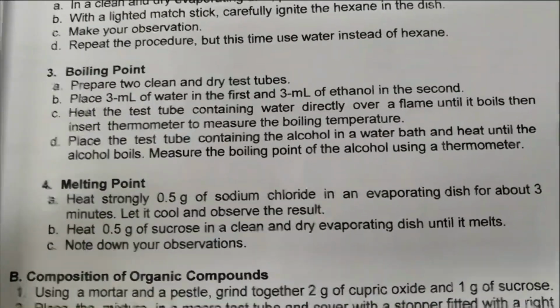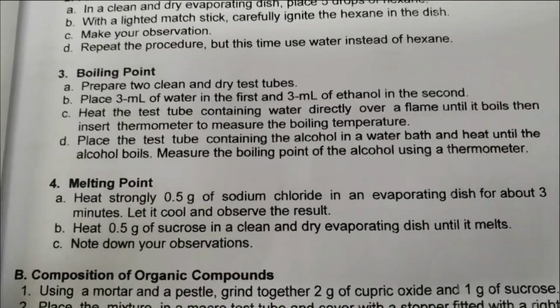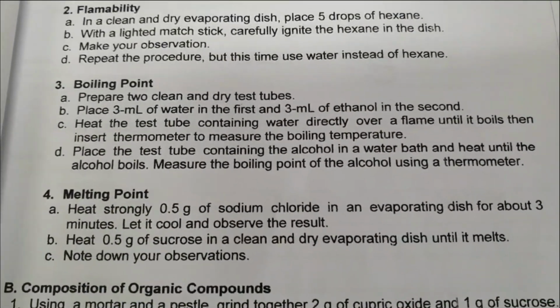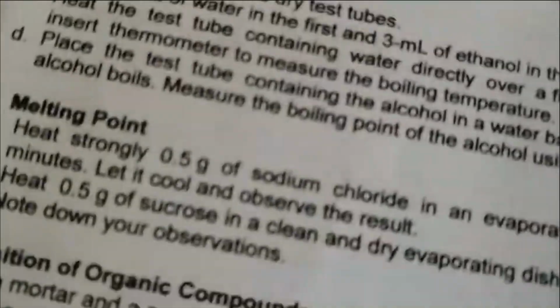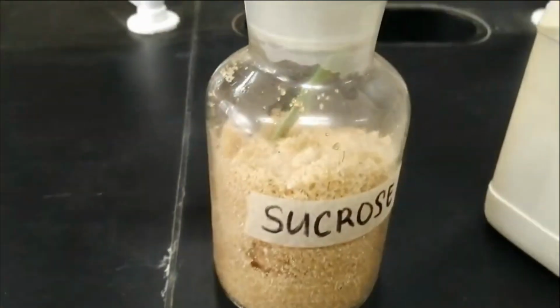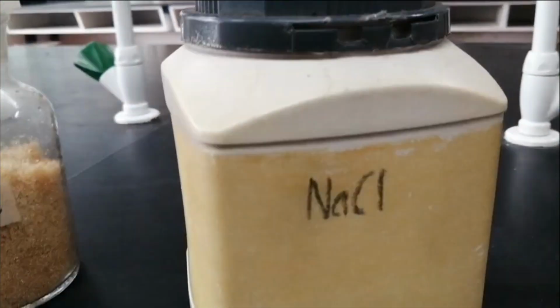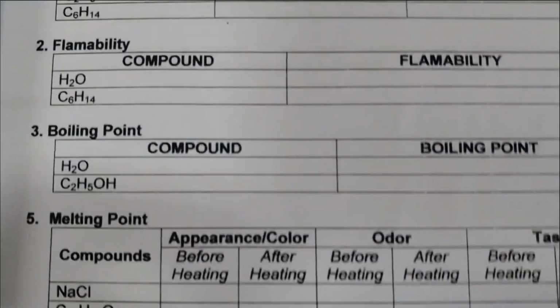Property na titignan natin is the melting point, which is the temperature at which a material changes from solid to liquid. So yung substance na gagamitin natin is sucrose, or your table sugar, and the NaCl. So ito yung table na natin.